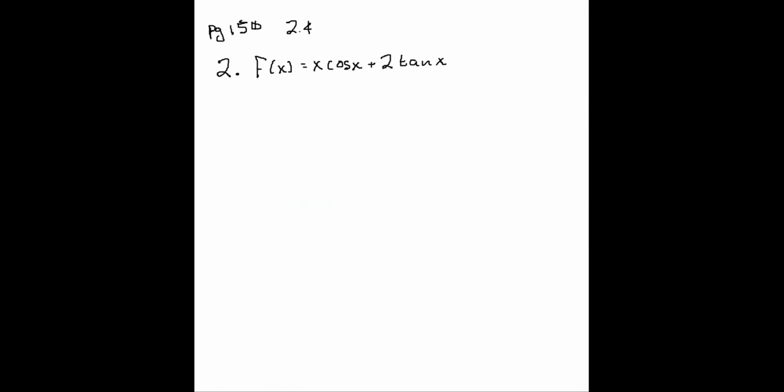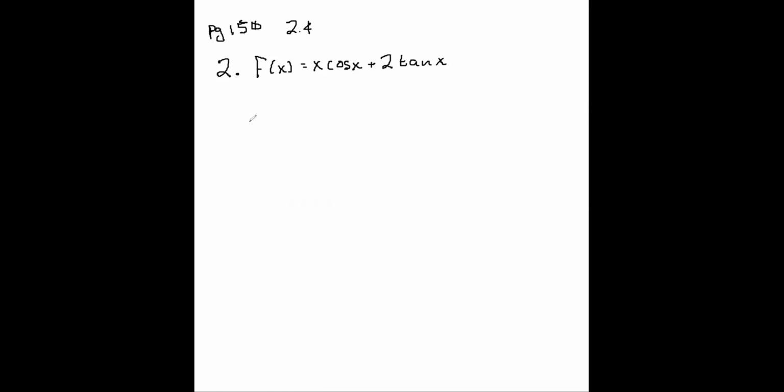We could do it like that, but we do have a rule for finding the derivative of the tangent, don't we? We do have a rule for finding the derivative of the tangent. So it's the secant squared.